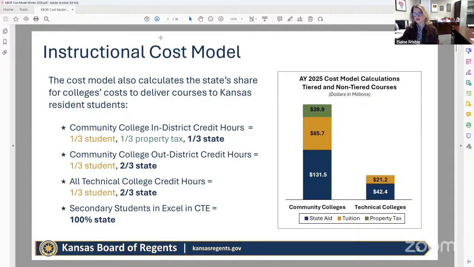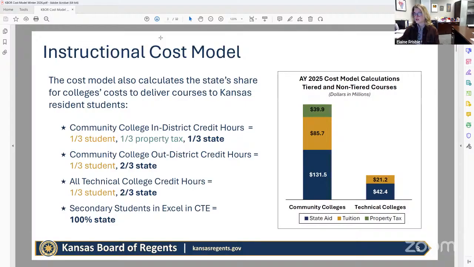We also use this cost model to calculate state aid for secondary students in Excel in CTE, and that is 100% state. As the calculations rolled out, on the revenue side, on the graph there on the right, you can see the two thirds in the blue for technical colleges, which turned out to be 42.4 million, and 21.2 million in student tuition.